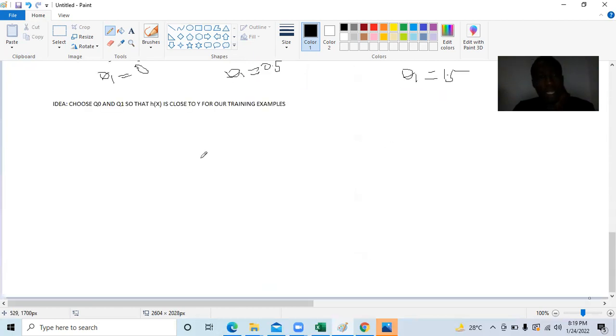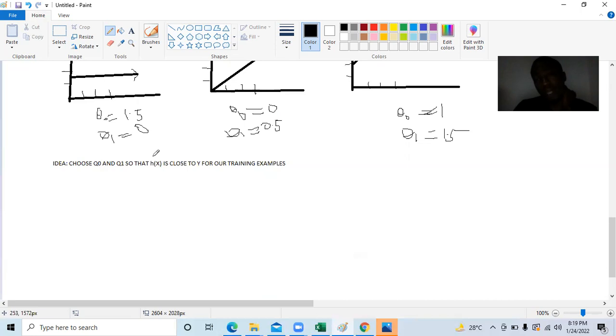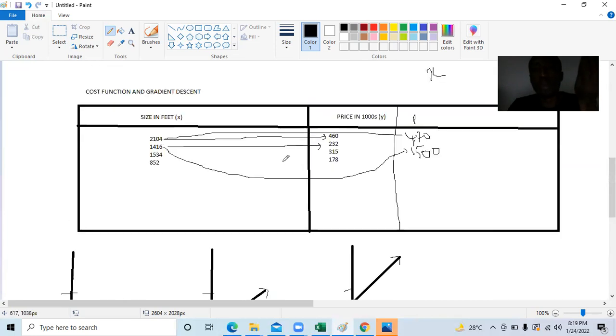So the mathematical idea in machine learning is that we want to choose our theta 0 and theta 1 such that our model is able to predict these same exact prices. Of course, you know that in production you will never get the exact same prices, but you want to get 459 here, 231 here, 316 here even if you cannot get 315, and at least 176 here.